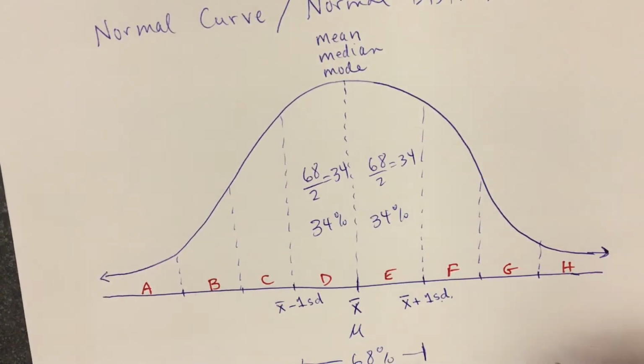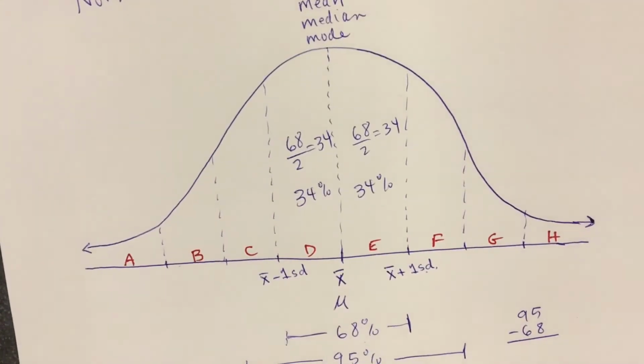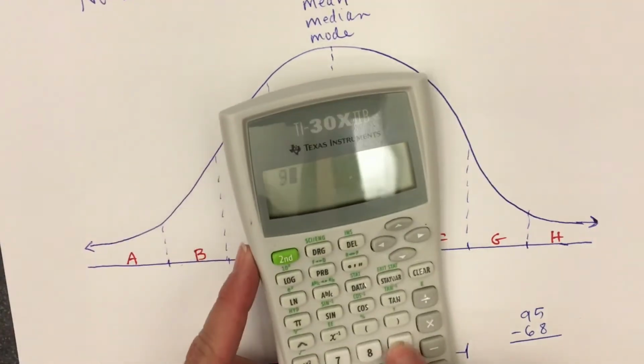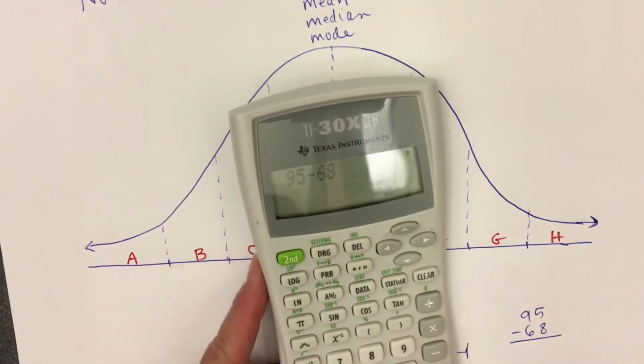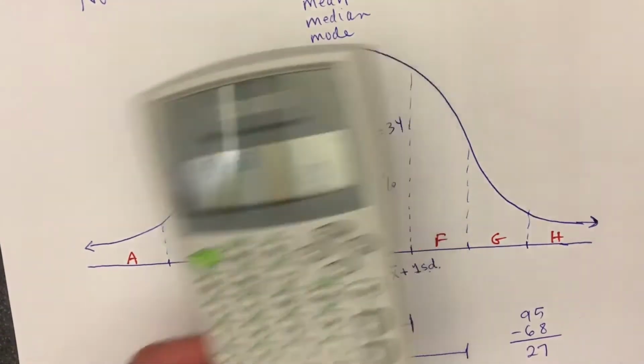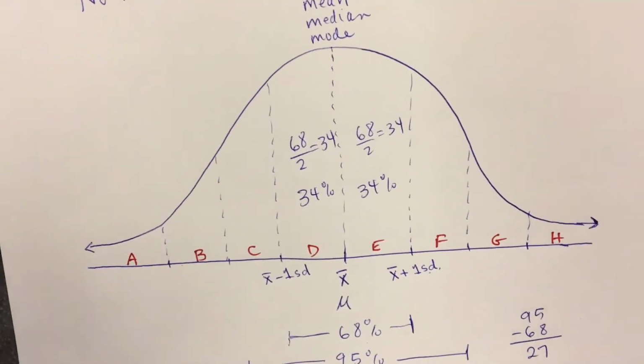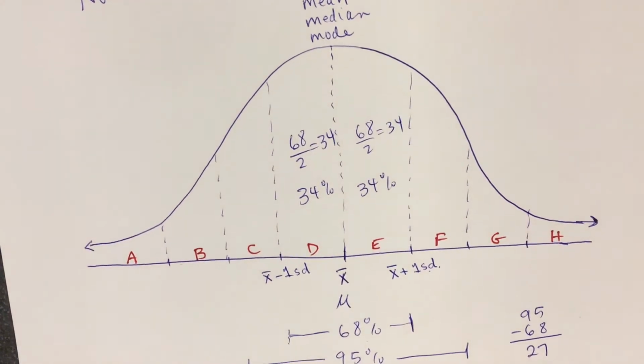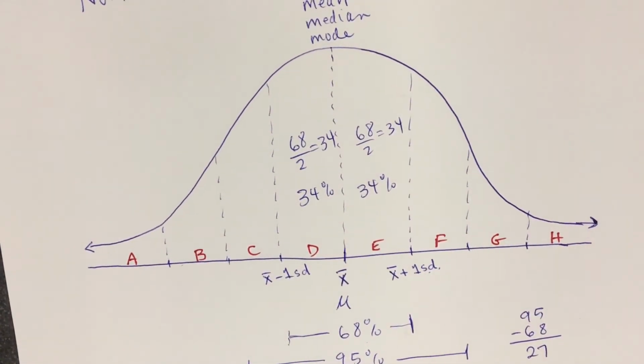I can do 95 minus 68, because we've already counted 68% in D and E. So 95 minus 68 is 27. 27% of the data is shared between C and F.